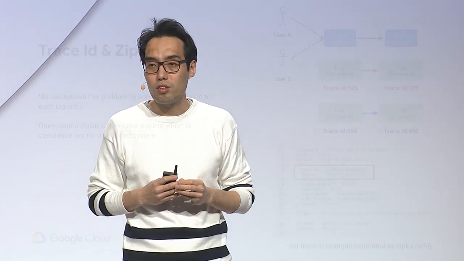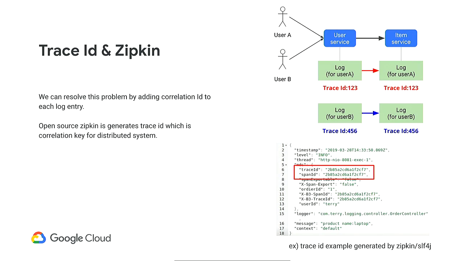So by using this trace ID, you can correlate log entries between different services. You can implement it by yourself, but fortunately, there is an open source project named Zipkin. If you integrate Zipkin into your logging system, it will automatically create the trace ID and propagate the ID to the other system. And the trace ID will also automatically be written to your log file together.